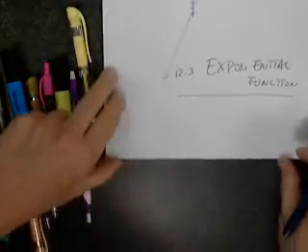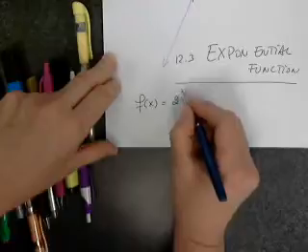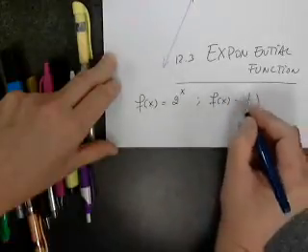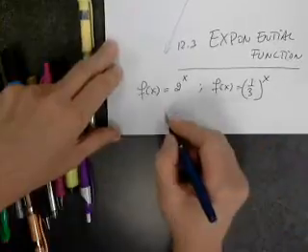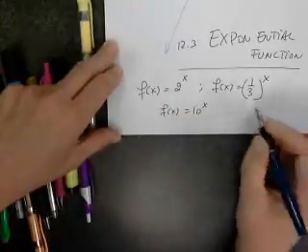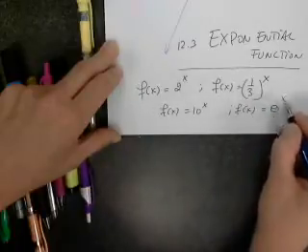Okay? So the function looks like this. Examples, like 2 to the x, or 1/3 to the x, or 10 to the x, or, very important, e to the x.